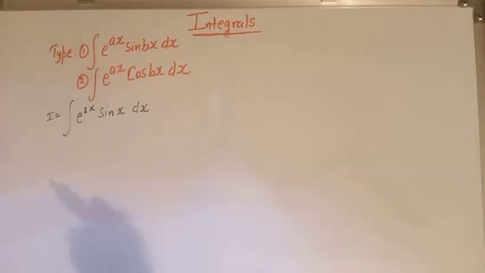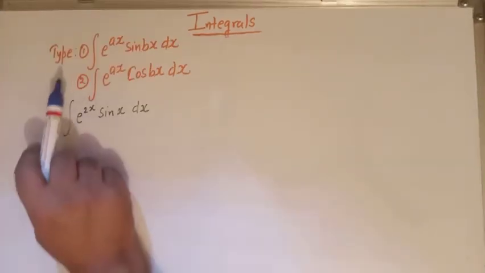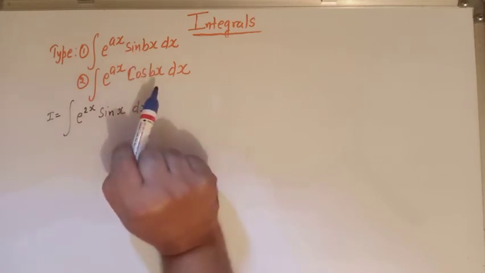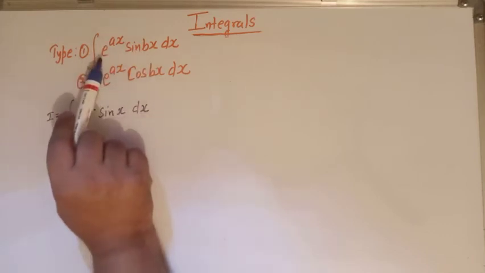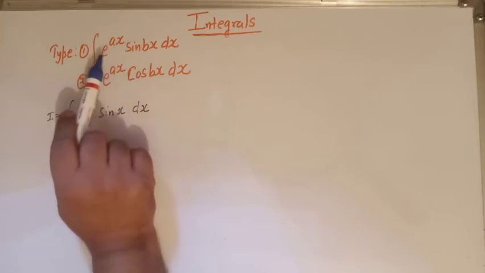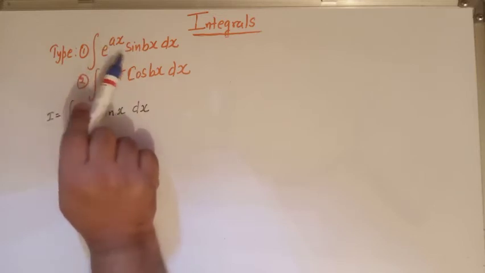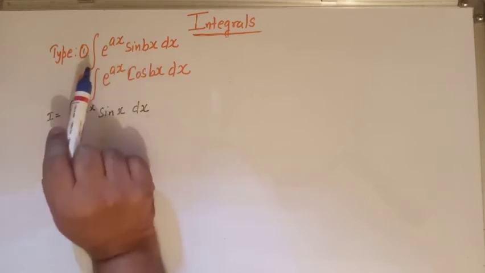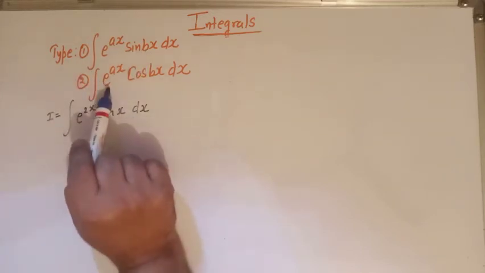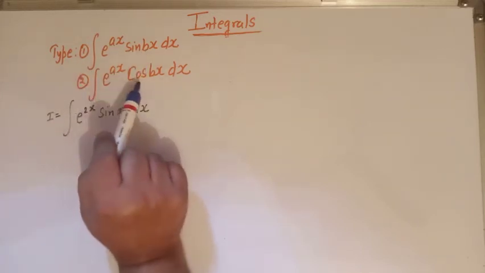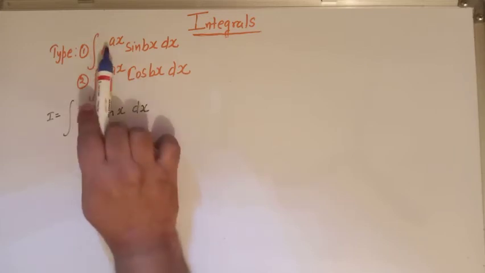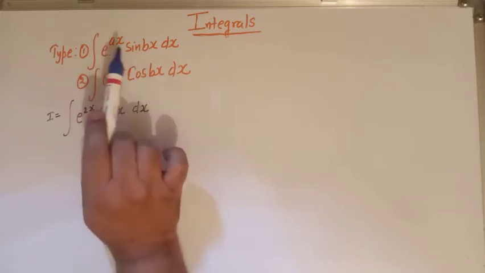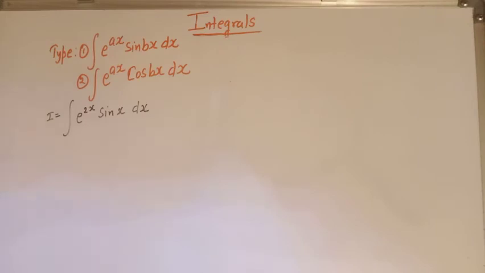Now viewers, let us take these two types of integrals. The first one is if we have a function to be integrated like e raised to ax sine bx, and in the second case we have e raised to ax cos bx, where a and b are two real numbers. Clear?